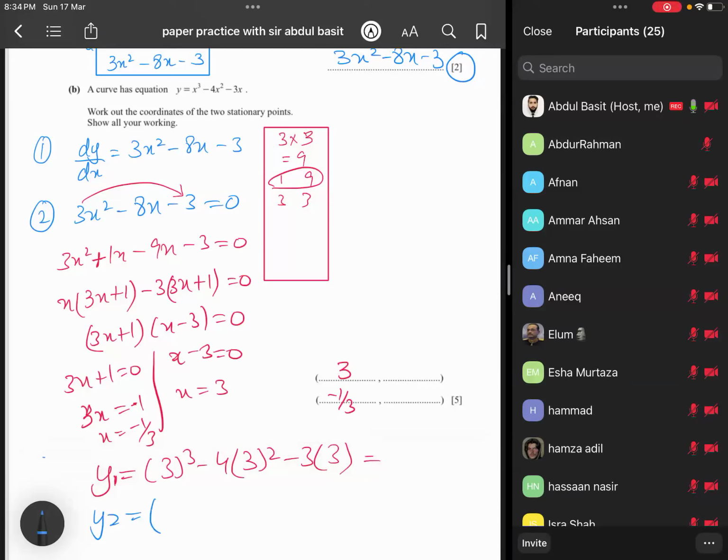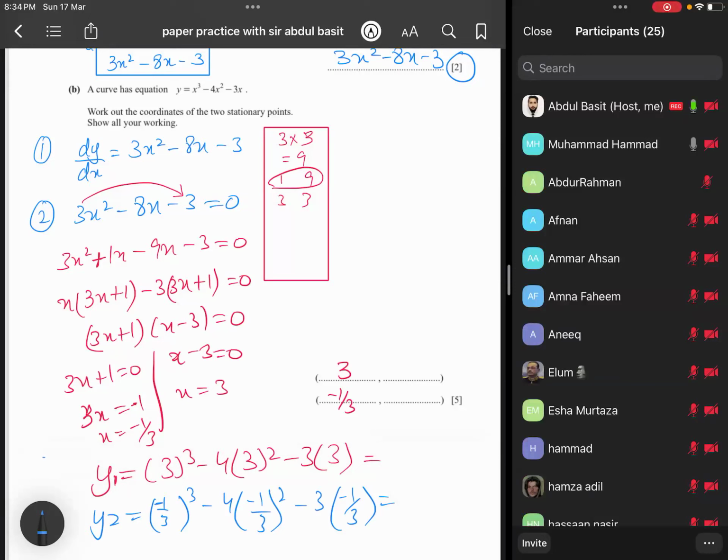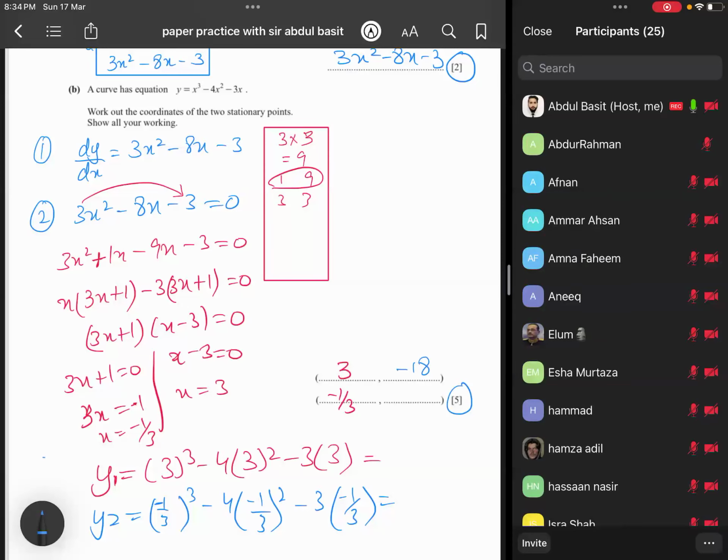And y2 would be minus 1 by 3 cube minus 4 into minus 1 by 3 whole square minus 3 into minus 1 by 3. Tell me what is the answer for 3? When x is equals to 3, what is the answer? y1 is minus 18. Minus 18, sir. Okay, what about y2? Replace the 3, just go into editing and put minus 1 by 3.